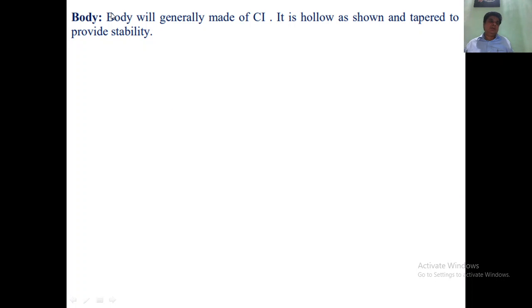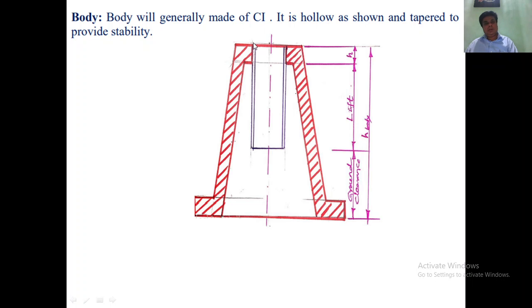Coming to the body, the frame, you know that cast iron is used because it's a compressive load. Cast iron has very high compressive strength, so usually the frames of the screw jack are made of cast iron, and in the drawing you have done, it has tapering dimensions to provide proper stability when the load is applied.